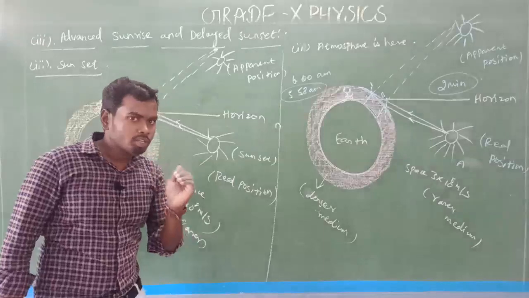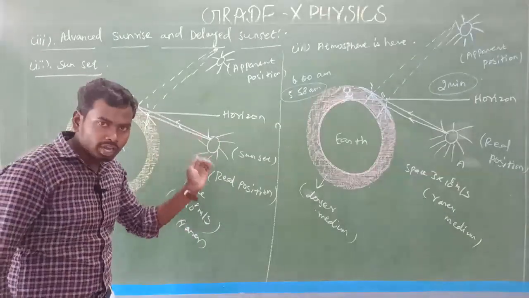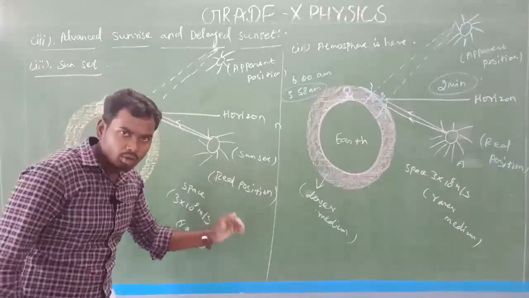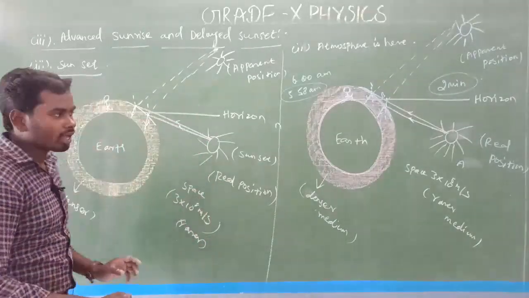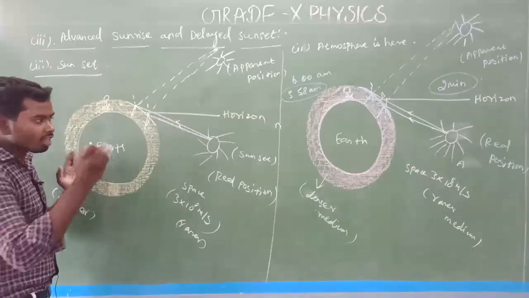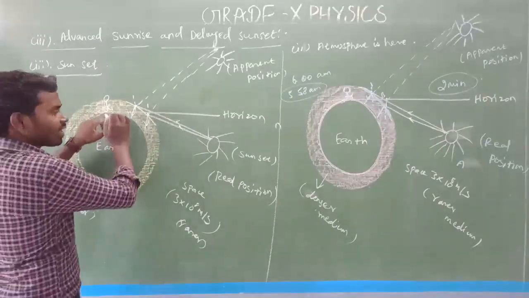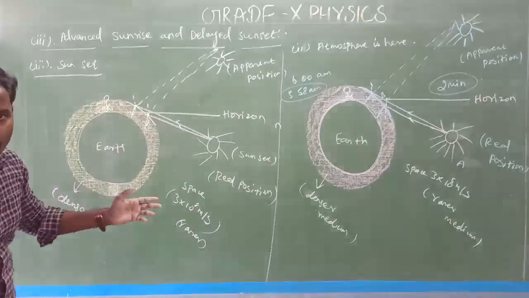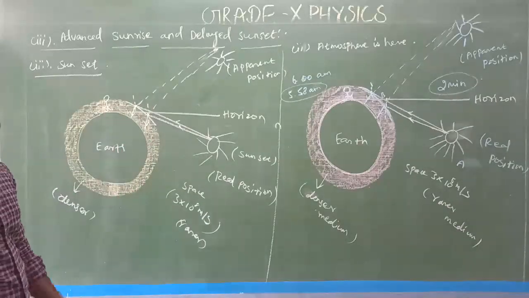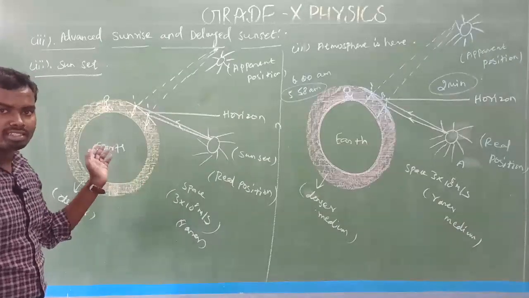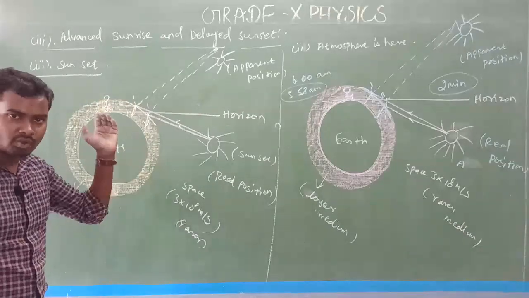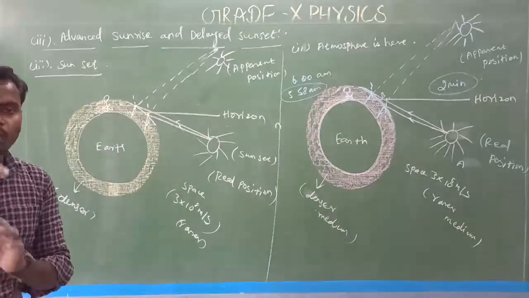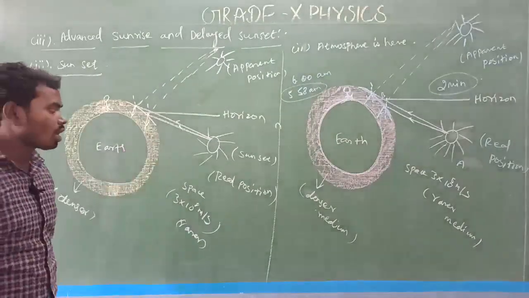But which is the original position? The original position is below the horizon, which means the sun has set. Even though the sun is below the horizon, we can see the sun's position from the Earth's surface. This happens due to atmospheric refraction.